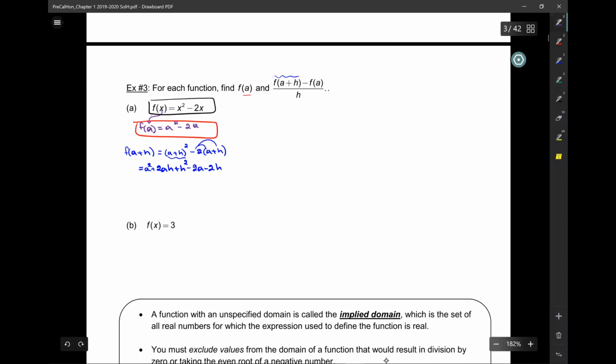And then I need this. Oh, no, sorry. F of a plus h. I'm looking for this now. F of a plus h minus f of a over h, right?